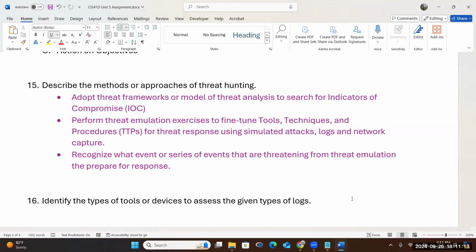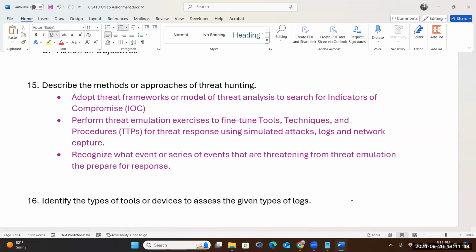Because if you practice it over time, it's a lot easier for you to respond to a threat in the case that it actually happens. So that means that you would simulate the attack, you would look at the logs, you would look at the network traffic, and see if your tools can stand up to detecting, right? Or responding to a threat. So for example, if I have a distributed denial of service attack, I want to see if my network monitoring tool sees that, right?